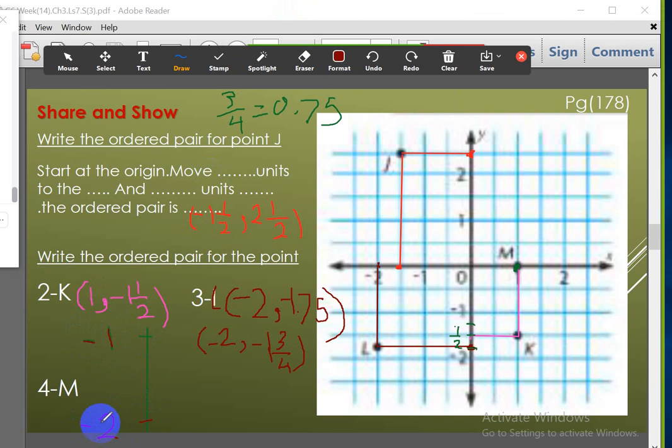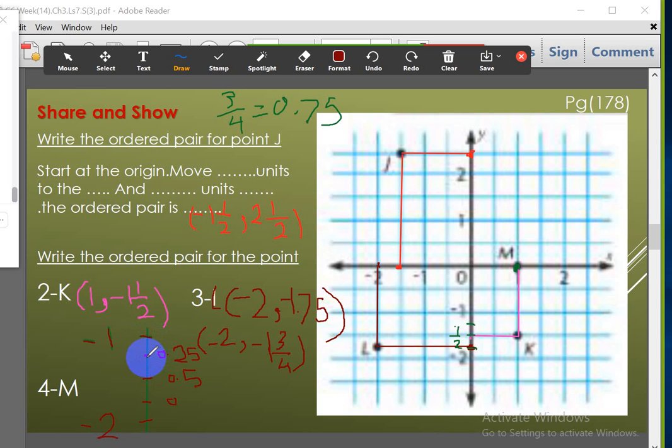Okay, so if I want to write it as a decimal, the middle will be 0.5. If you divide the distance into four equal parts, each part will be 0.25.